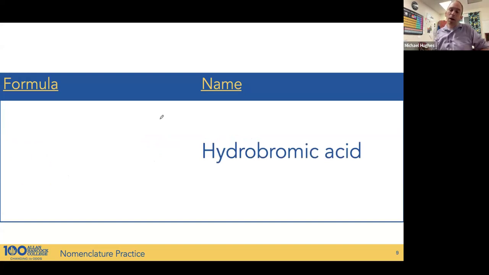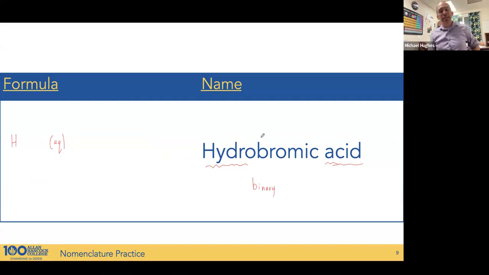The next one was this species, starts with hydro and ends with acid. So that's going to be an acid. Start with H, end with aqueous. We know that to be true of an acid. The fact that it's a hydro acid means that it's a binary acid.